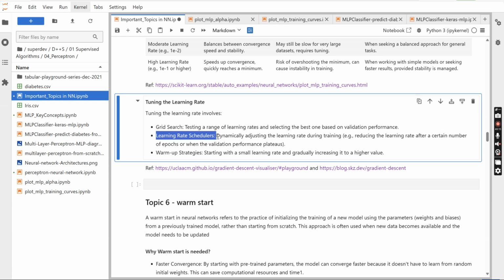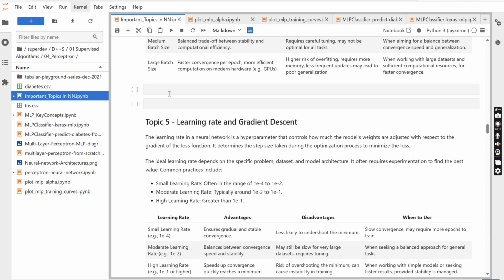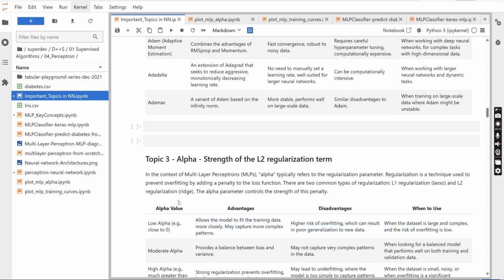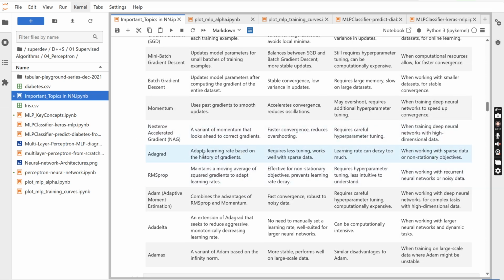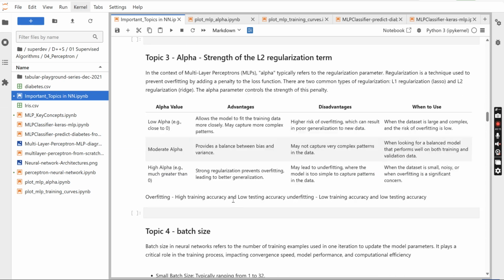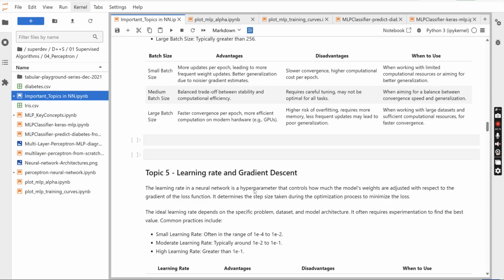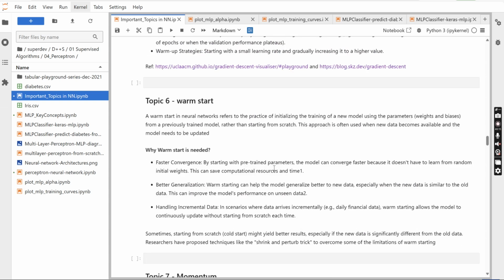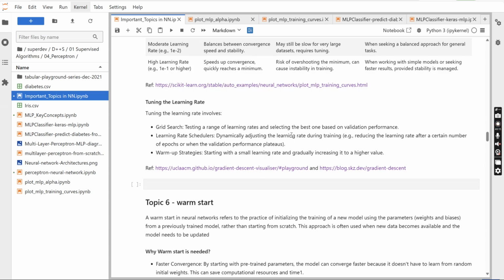The next way is learning rate schedulers. You can dynamically adjust the learning rate, which your solver does automatically. For example, Adagrad you saw, right? It adapts the learning rate. You can use some variations of Adagrad to allow the model to do the dynamic adjusting. That way you don't have to worry about learning rates.